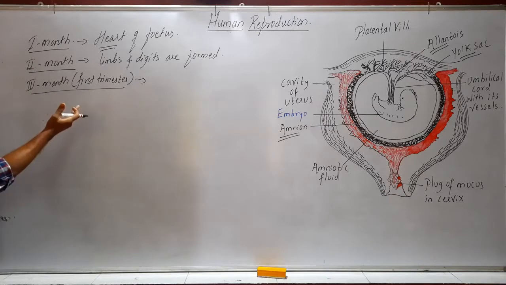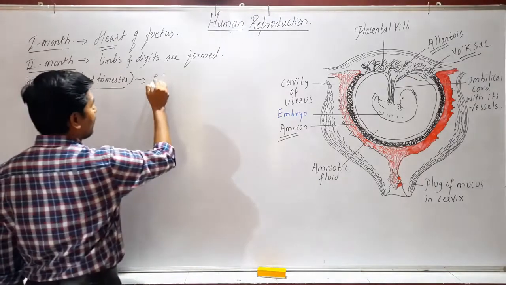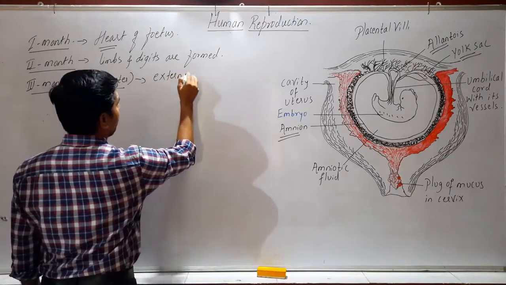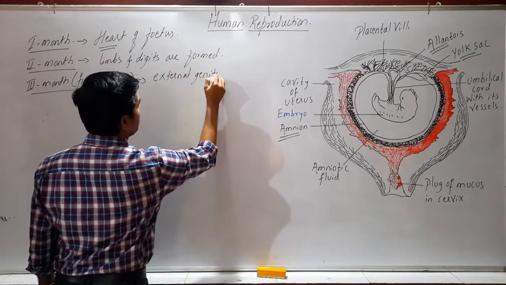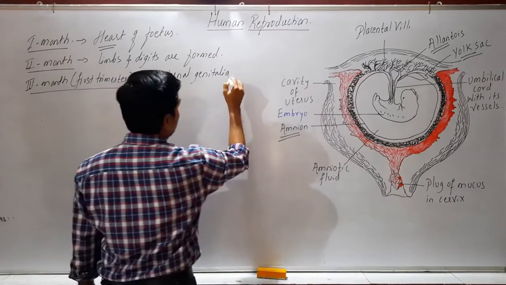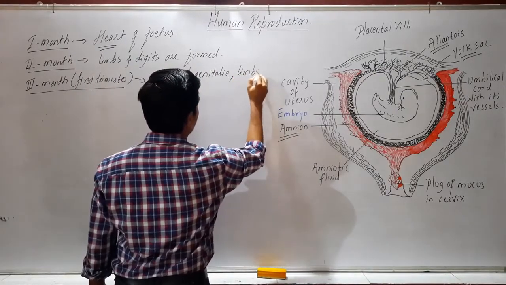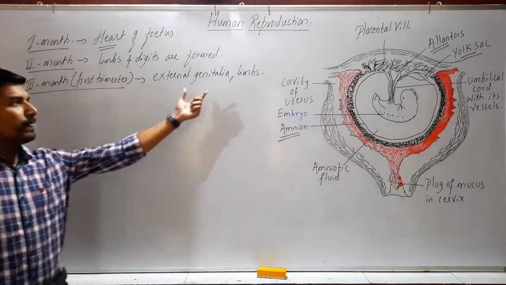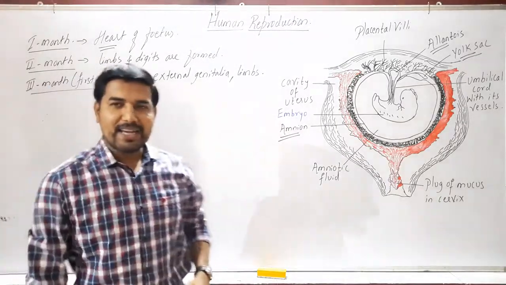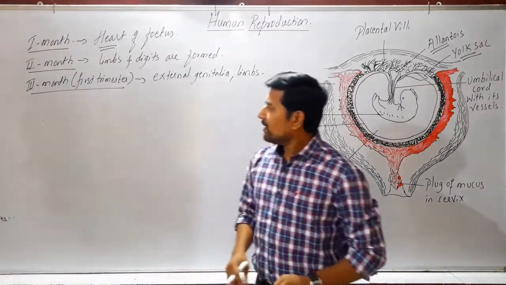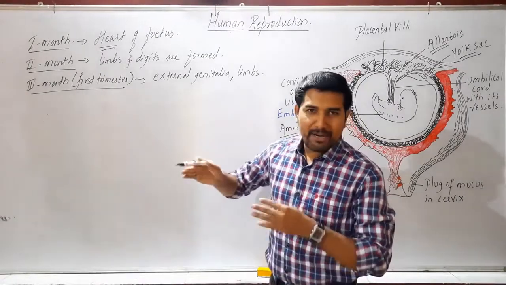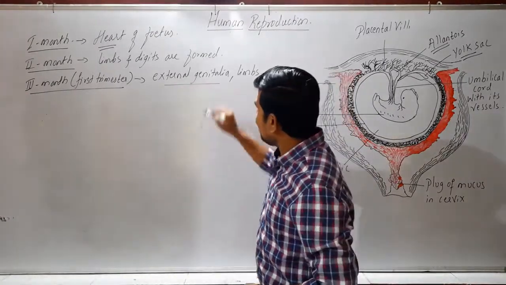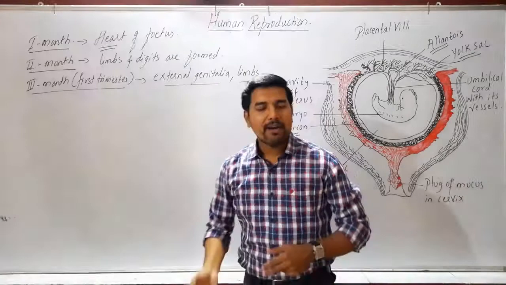And at the end of the first trimester, various organs are also produced, like external genitalia as well as limbs. So the external genital organs as well as the limbs are formed at the end of the first trimester.